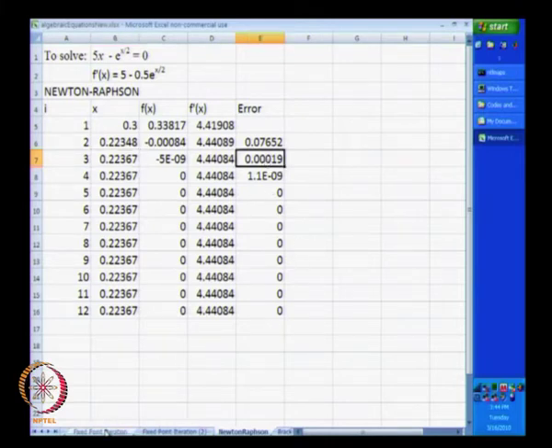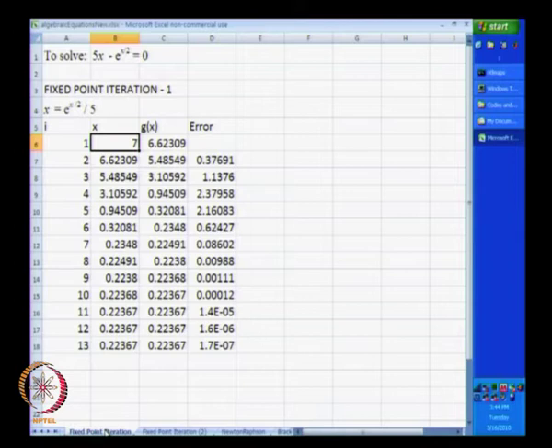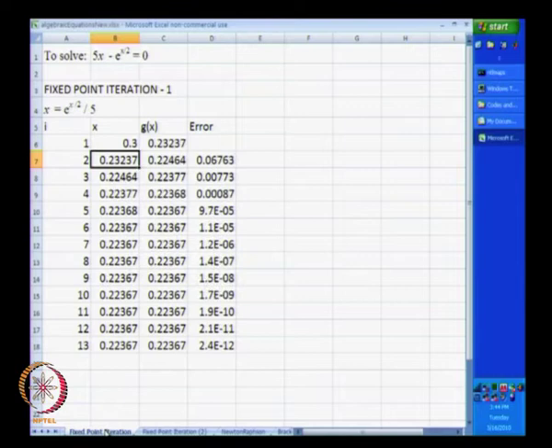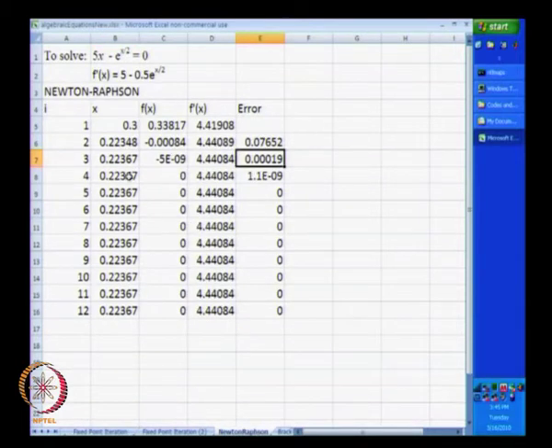Now if we compare it with the fixed point iteration that we did earlier for x equal to 0.3, which we did in the previous lecture, we see that we required 5 iterations to reach the desired solution, 0.22368, and in this case it has taken much fewer iterations.